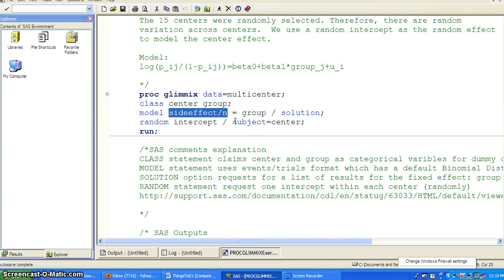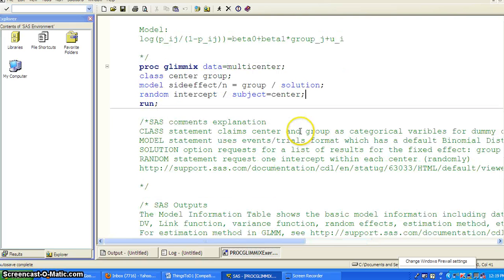So this is the relative frequency representation for modeling the dichotomous outcome. Okay, and equal to group, and solution, that's for the fixed effects estimation.